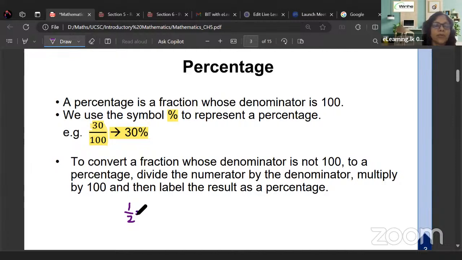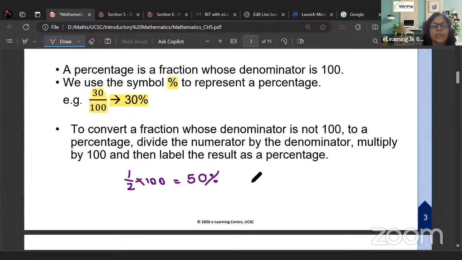Then what you have to do is multiply it by 100. If you multiply it by 100, the answer will be 50. Since it is a percentage, you should represent it by this symbol.